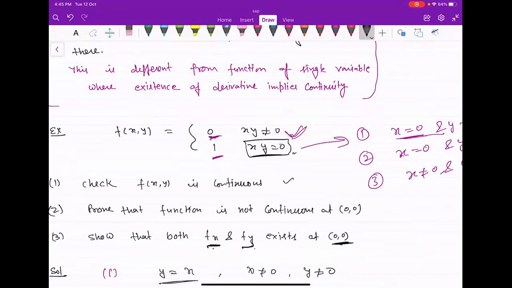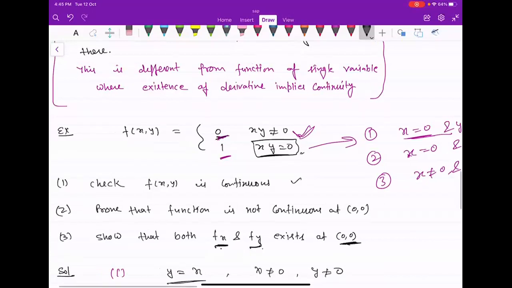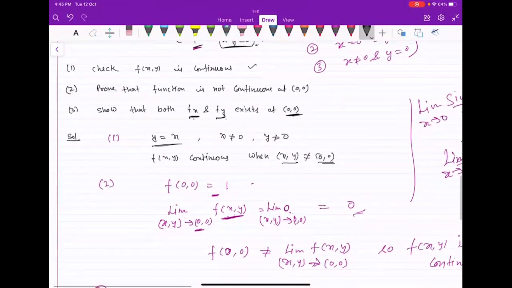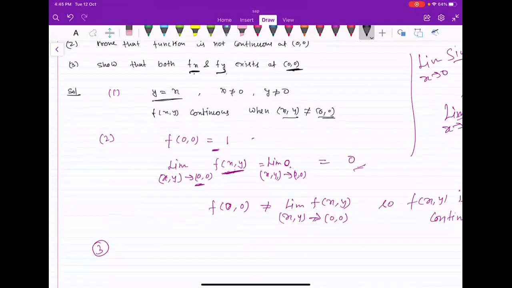We will use the definition to compute f_x and f_y, because for any point the derivative value would just come out 0, whether you differentiate 0 or 1. So whenever you have this kind of function given, we use the definition. Let us find the derivatives f_x and f_y by using the definition.